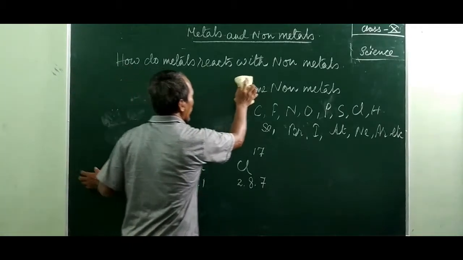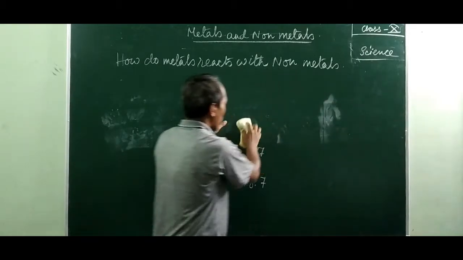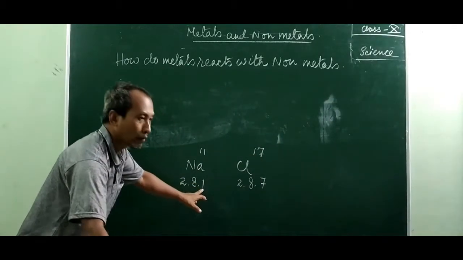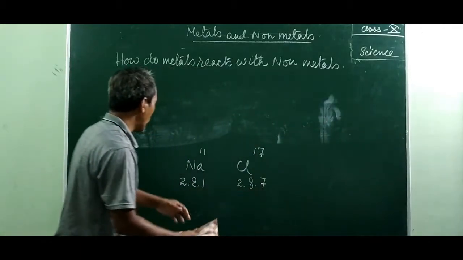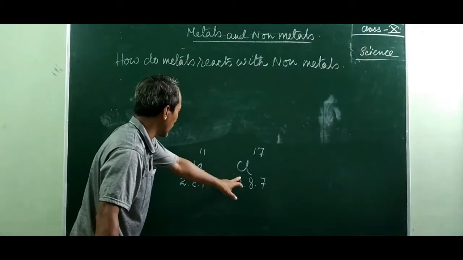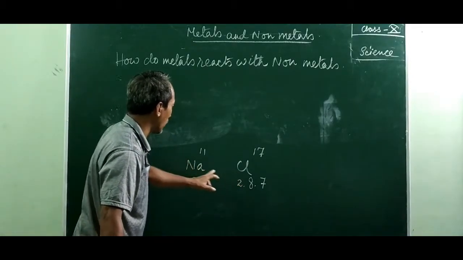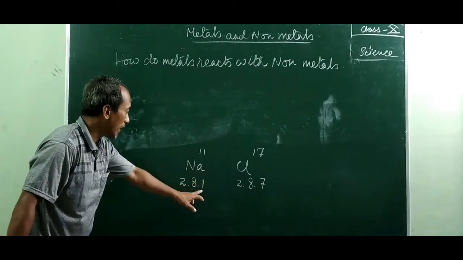When you draw the electron dot picture, you will always represent only the valence electrons. I repeat again, when you represent the formation of the ionic molecule between sodium and chlorine, you will represent only the valence electrons.